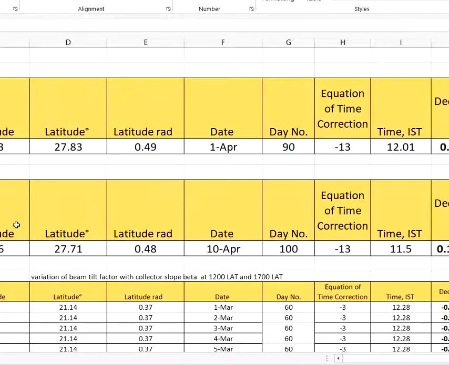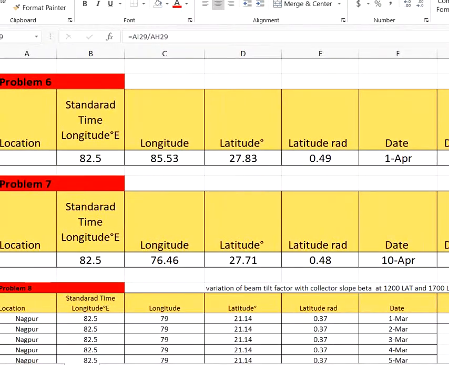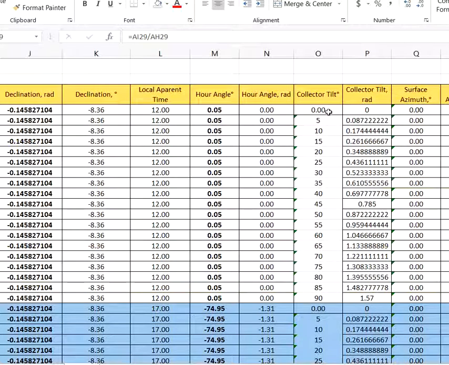In an Excel sheet you can attempt this problem. The only thing which will vary is the collector tilt, from 0 to 90. So beta is varying from 0 to 90 degrees.